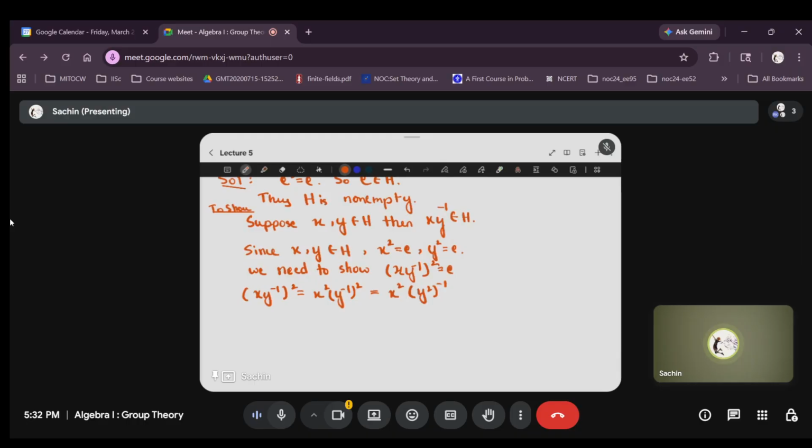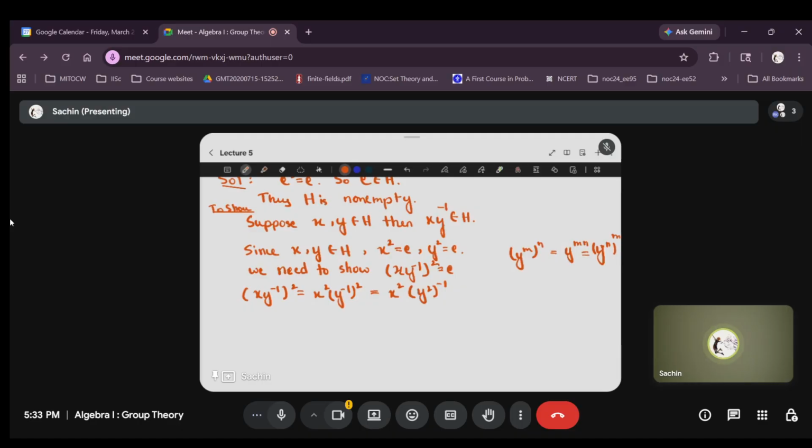We said that (y to the m) to the n is equal to y to the mn. It's also equal to (y to the n) to the m. So as long as m and n are integers, you can shift the powers however you want. So (Y inverse) whole square is the same as (Y square) inverse.